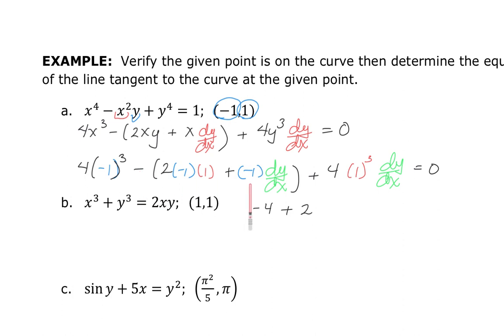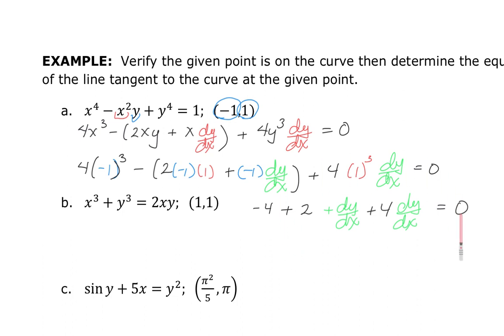This negative and this negative will cancel out, so I have just plus dy/dx, plus dy/dx. And then I'm going to have 4 multiplied by 1 dy/dx. So I end up with 4 plus 4 dy/dx is equal to 0. All right, so I have -4 plus 2 is -2.